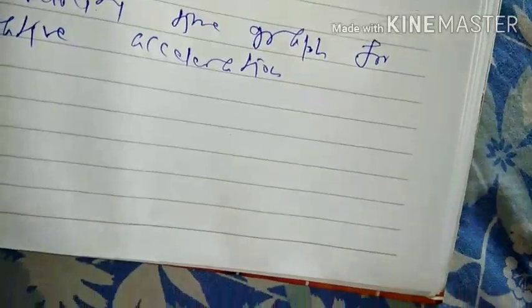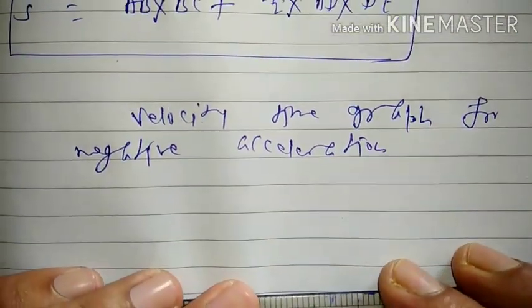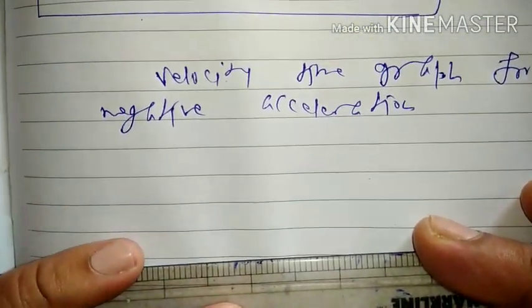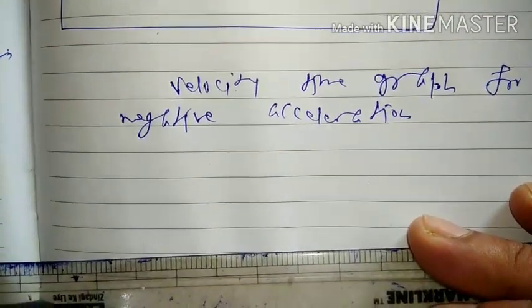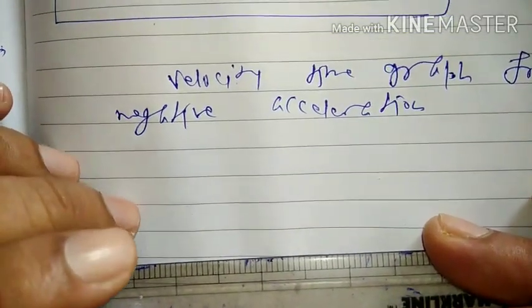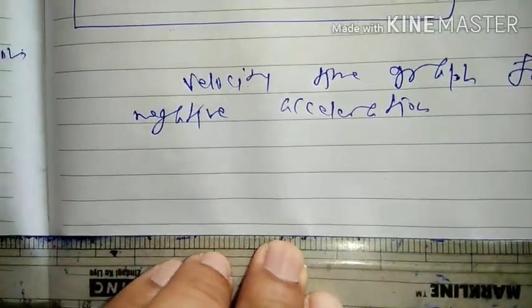Now suppose there is a situation in which a vehicle is moving with a certain velocity and we apply a brake on it in such a way that its velocity reduces uniformly, and finally after a certain time interval that vehicle stops. So how can we represent it?